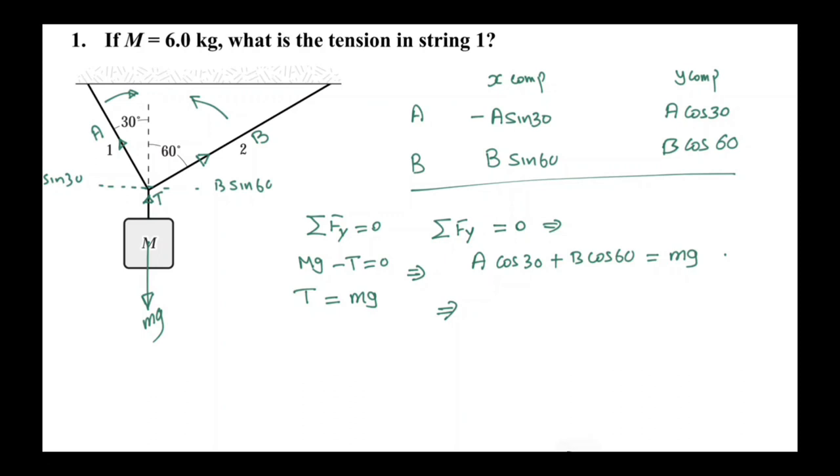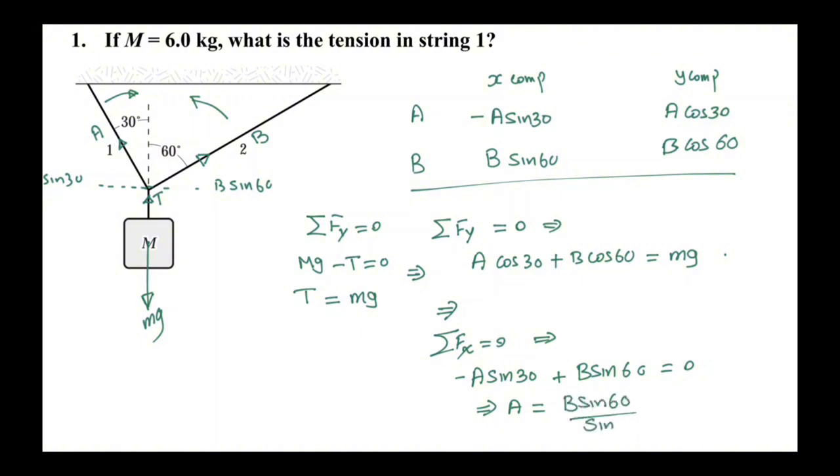The other equation we can get from the X components, sum of all forces on X is equal to 0, or in other words A sine 30 minus A sine 30 plus B sine 60 equal to 0, and from this one A equals B sine 60 over sine 30.